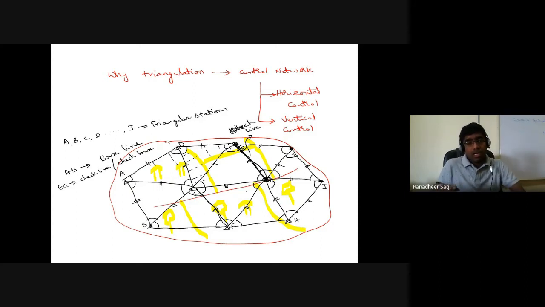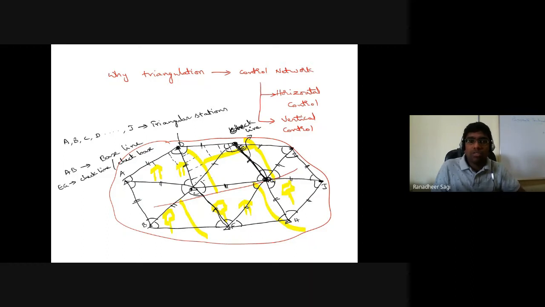And it's not only in terms of these check lines. We are also going to talk about a particular station somewhere in this control network, let's say a control station at D. For one control line, I'll try to measure the bearing.